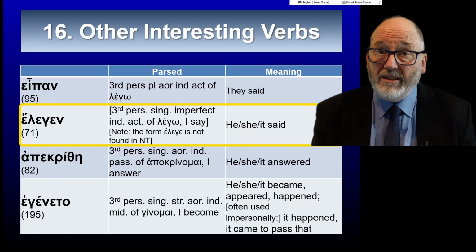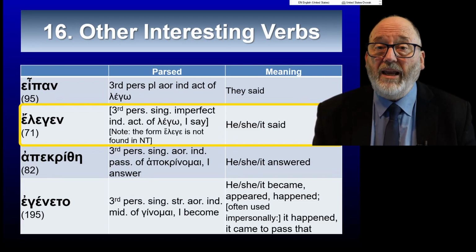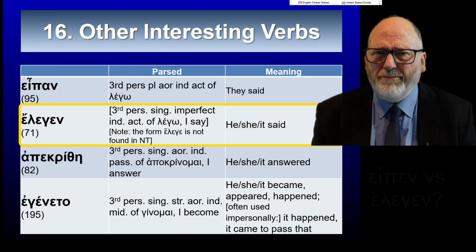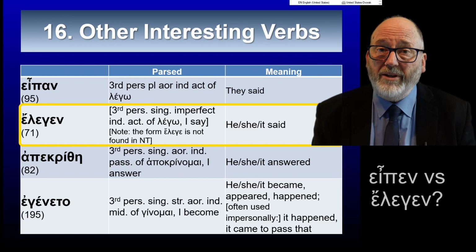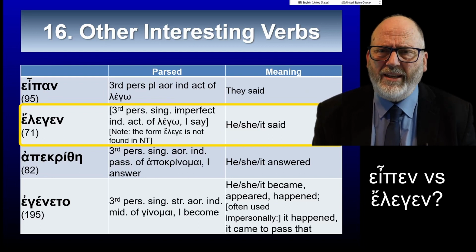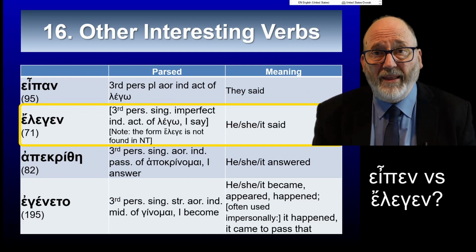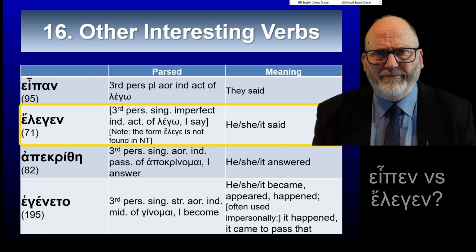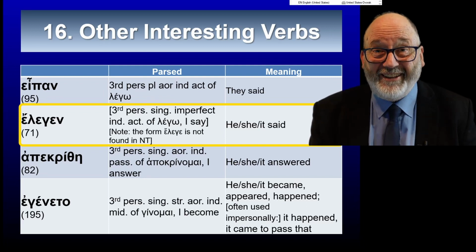Now, there is a difference between the aorist tense and the imperfect tense, usually. And there is actual debate amongst New Testament scholars as to whether there is actually any difference between εἶπαν and ἔλεγεν. Well, ἔλεγεν is going to be he said rather than they said, but εἶπαν or ἔλεγεν is very similar in meaning. So you might as well learn it now, eh?